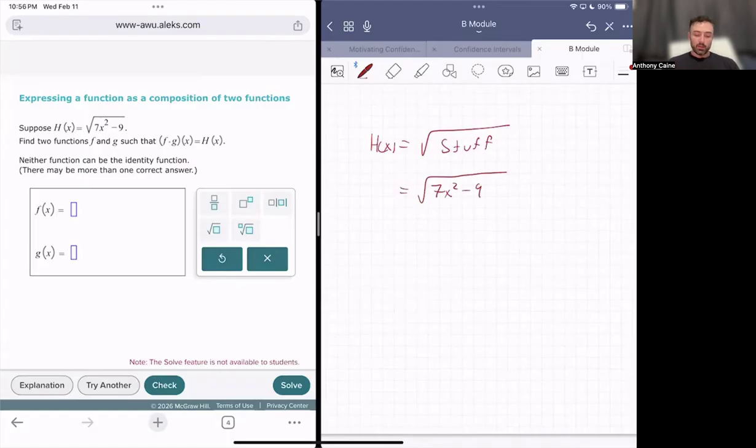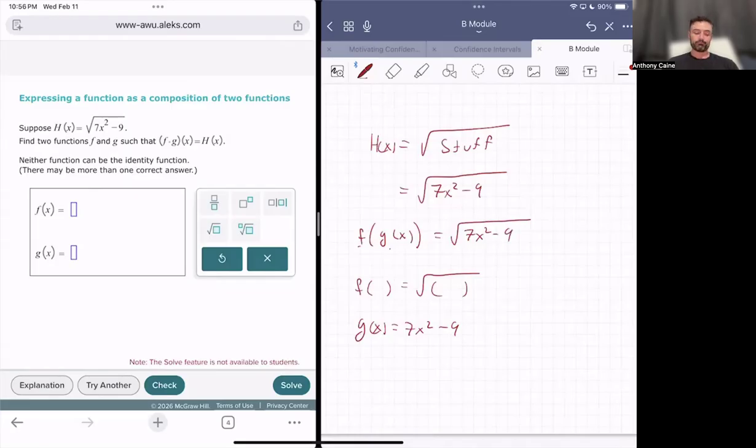Because what I want you to notice, if we're going to write this as f of g of x, I claim that my f function is the square root function. And then my g function is 7x squared minus 9. And so now, if you do f of g of x, this is the square root of g of x, the square root of 7x squared minus 9.